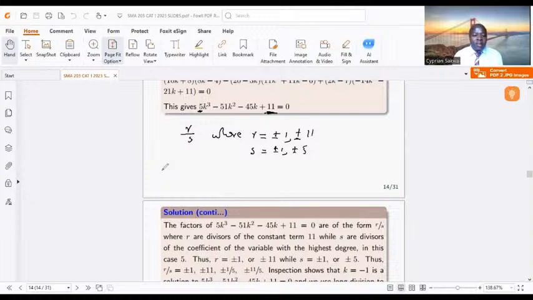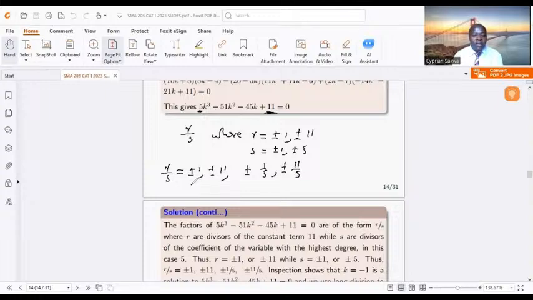So that means the factors R over S are likely to be, if I divide this into this, plus and minus 1, plus and minus 11. If I divide by 5, I would have plus and minus 1 out of 5 and plus and minus 11 out of 5.